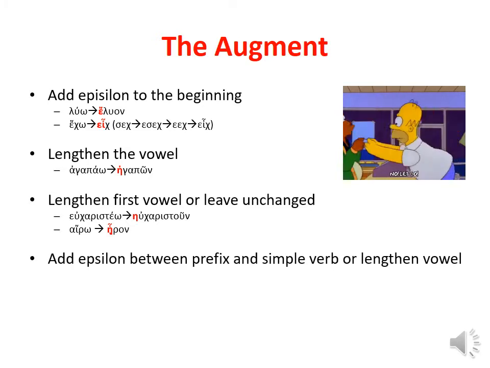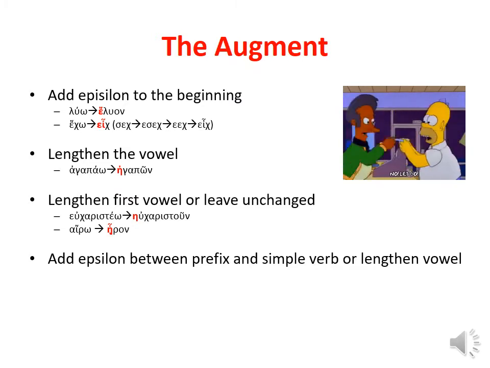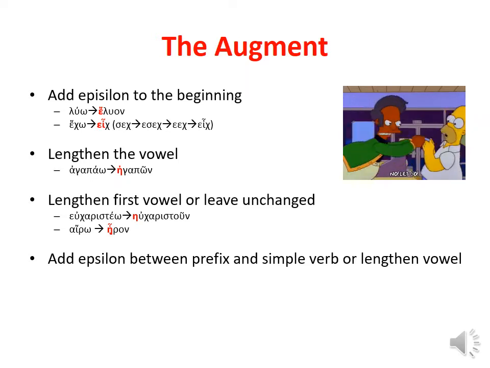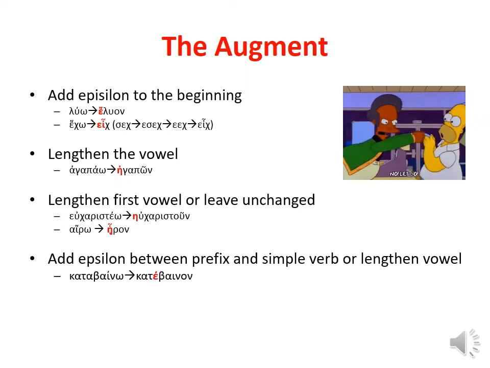When we have a compound verb, that is a verb consisting of a prepositional prefix plus the simplex form of the verb, we will add an epsilon not to the beginning, not prior to the prepositional prefix, but between the prefix and the simple verb. Katabaino becomes not ekatabainon, but katebainon.